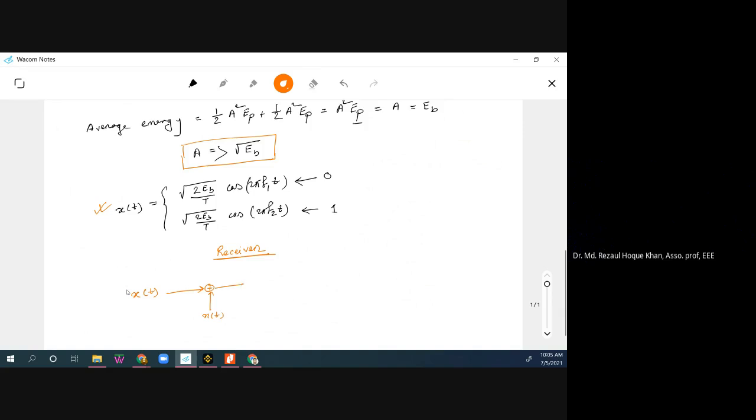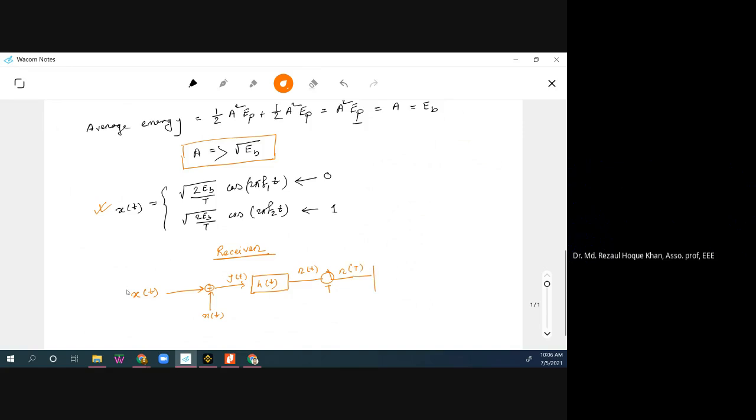The output of the channel becomes y(t). Then this signal goes to the receiver filter having a response h(t), assuming this is an LTI system. Then the received signal is r(t). This signal will be sampled at T.